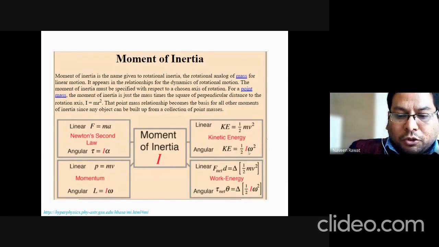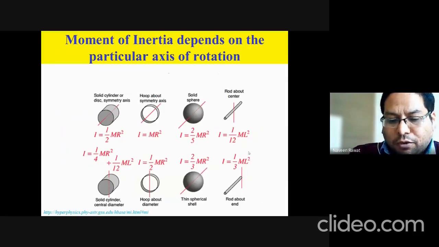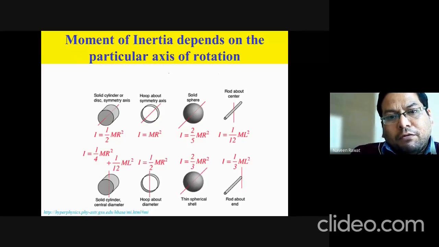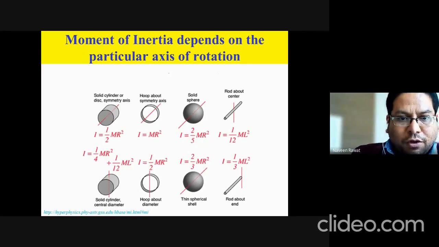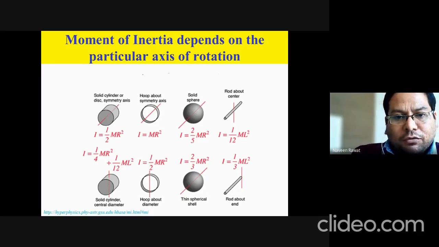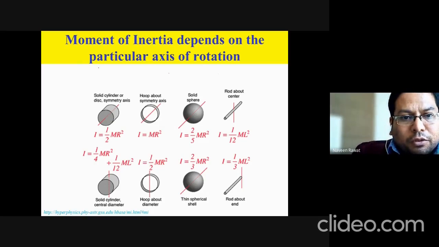We had already mentioned before that the I, which is the moment of inertia, will depend on the particular axis of rotation. So if you have a different axis of rotation, the values might be different, and if you have a different sized object, then the values will be different. The formula that we use for moment of inertia, for many objects, is the sum of m_i r_i square.